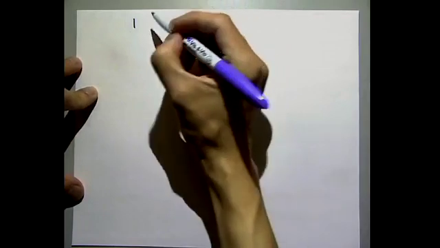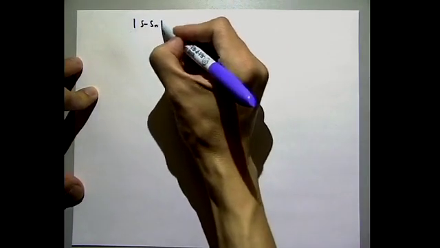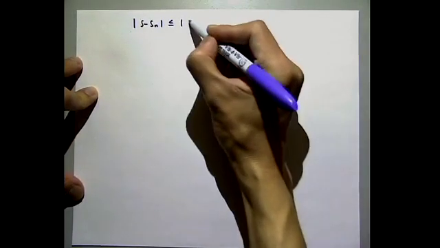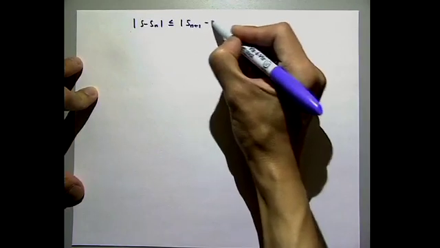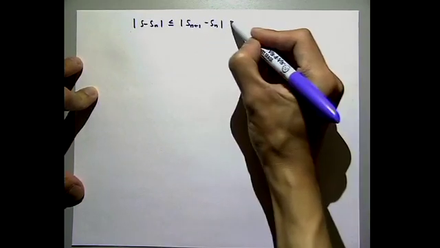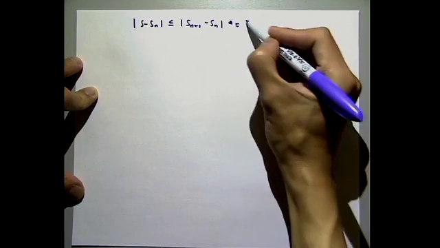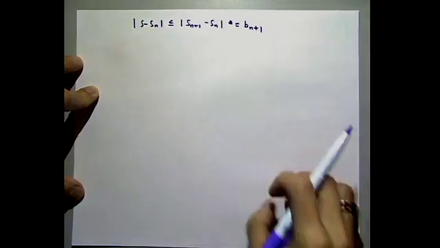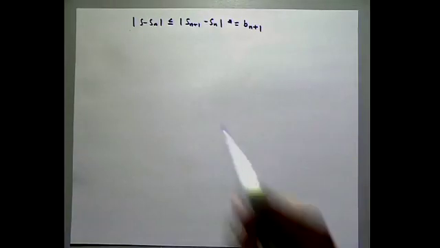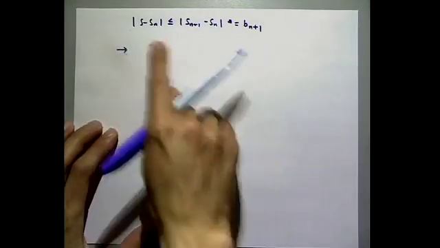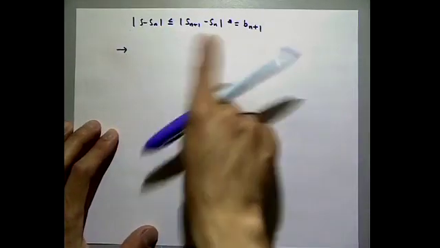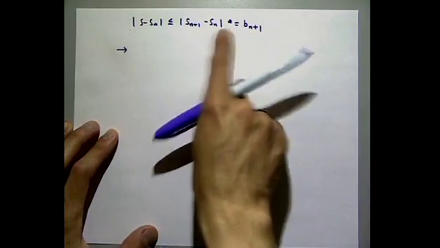So let me write down that again here and then explain that a little bit. So read it from the left to the right. Ignore the middle one here, for example, for the moment.